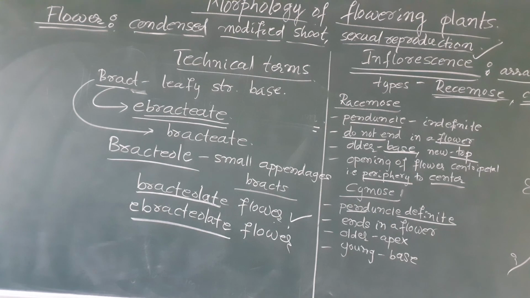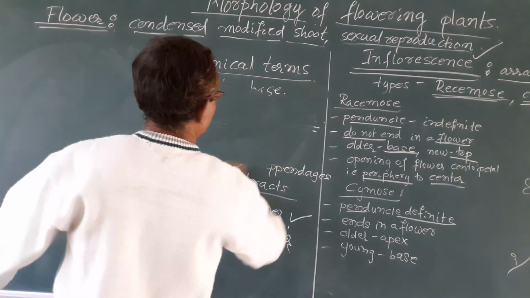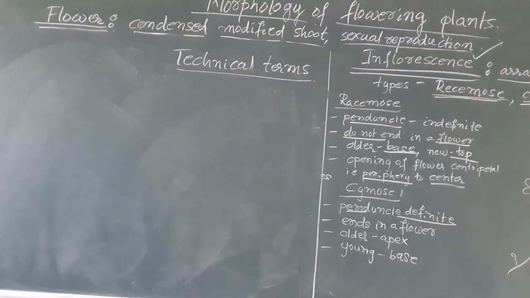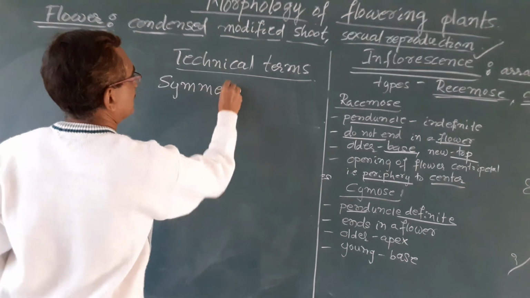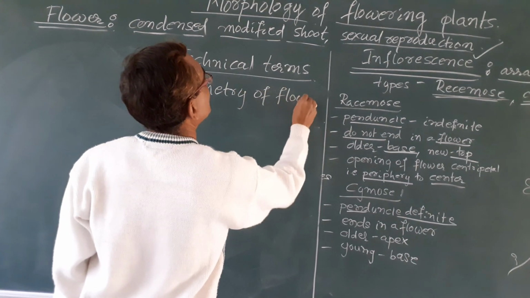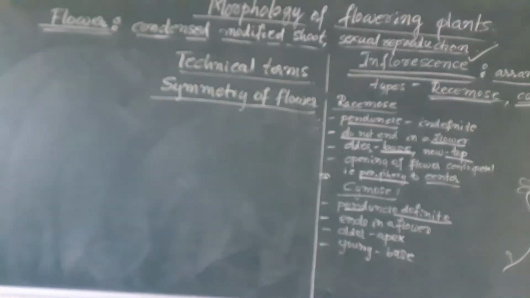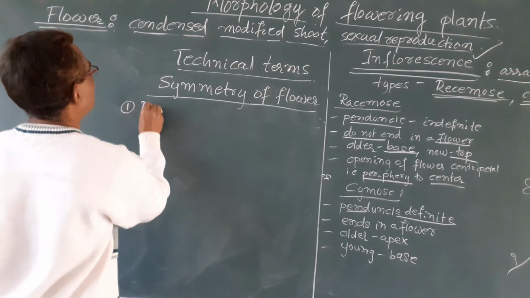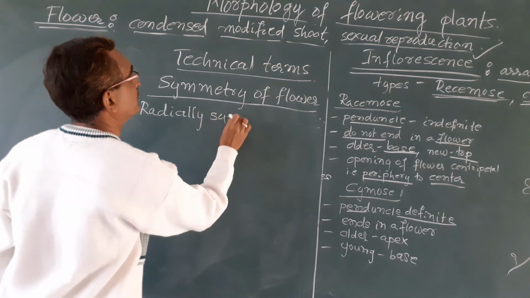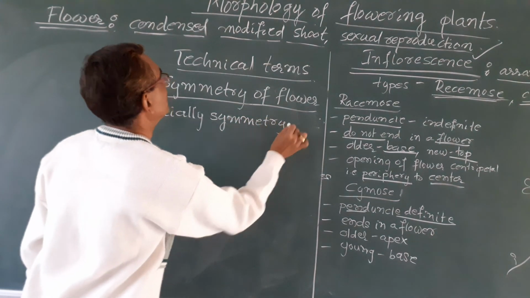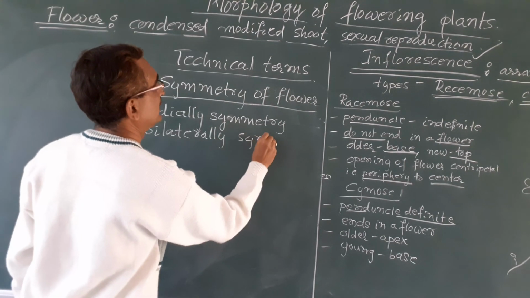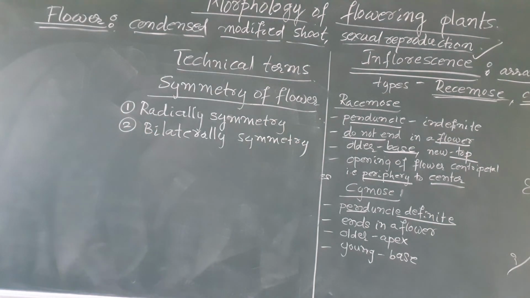After this we have symmetry of flower. Here we have three types: radial symmetry, bilateral symmetry, and the third one is asymmetrical.